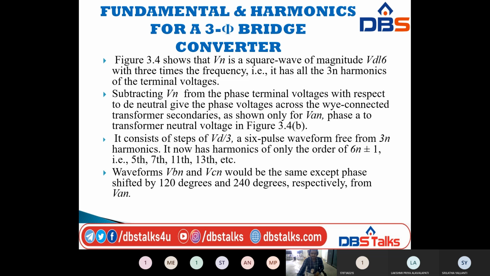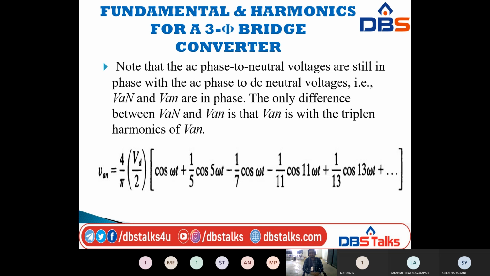And next, note that the AC phase to neutral voltages are still in phase with the AC phase to DC neutral voltages, that is VAN capital N and VAN small n. So VA capital N means the AC voltage with neutral point.